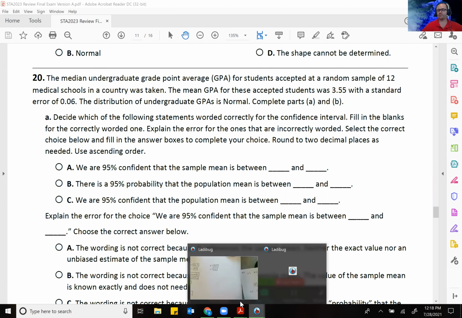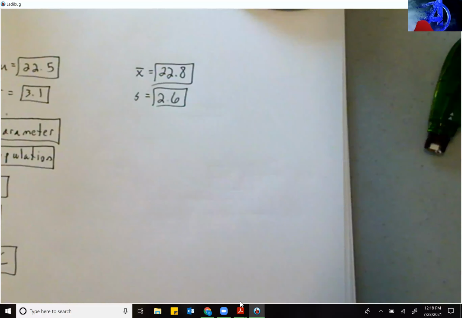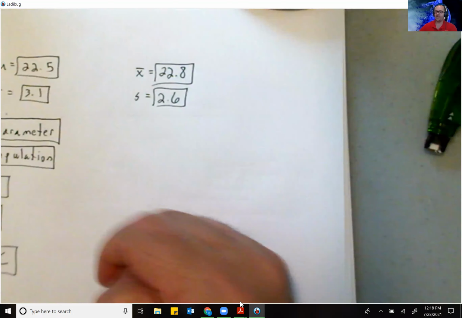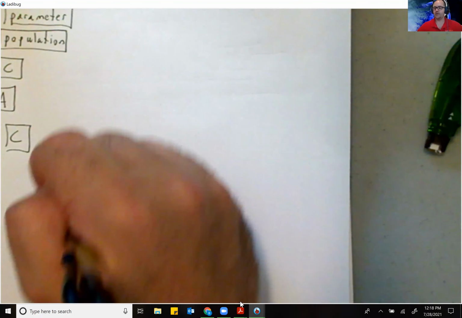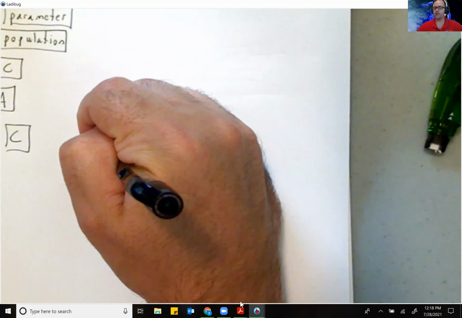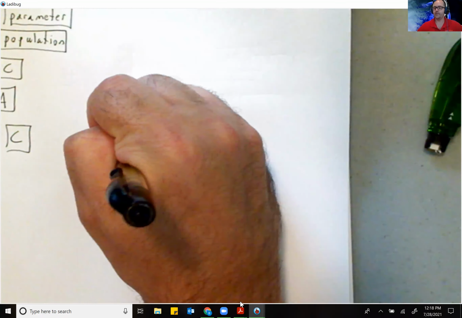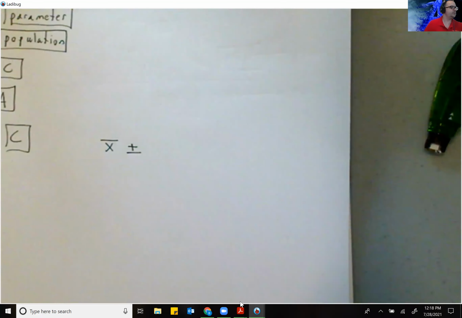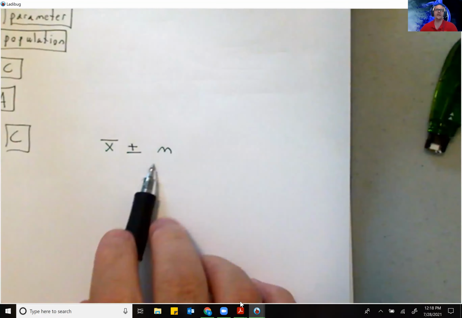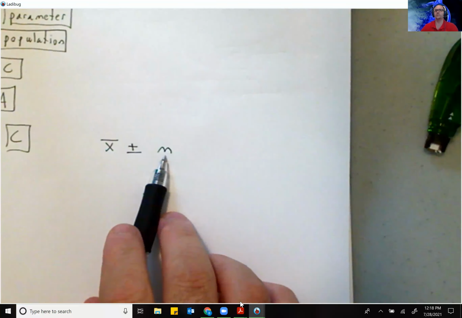So to fill in our blanks, we have a formula that says we're going to take our X bar and we're going to add and subtract M. Now remember, M represented the margin of error.